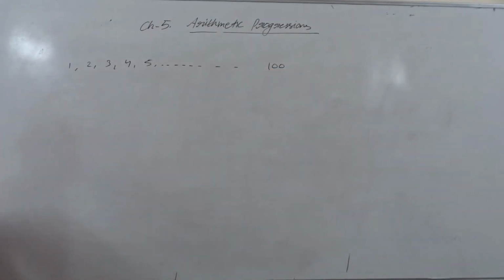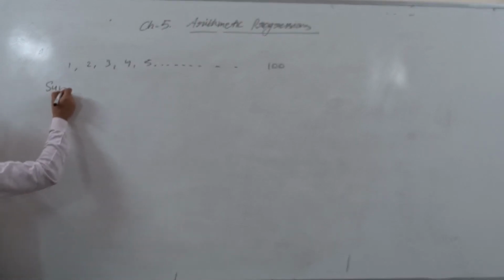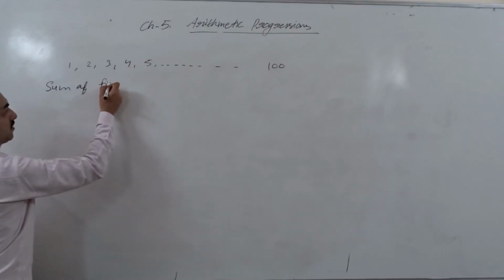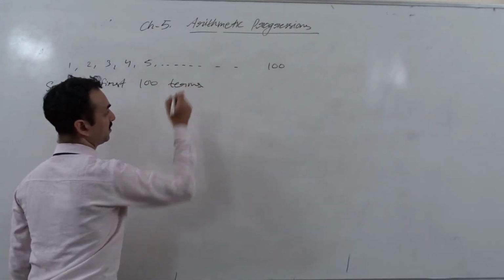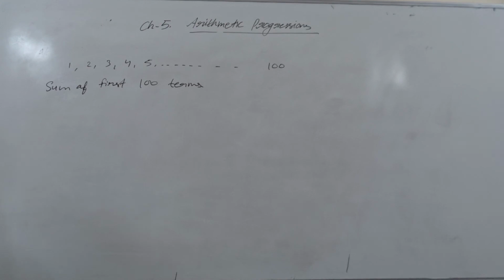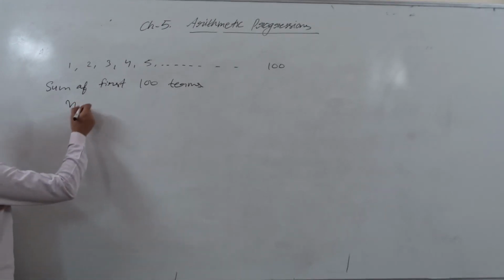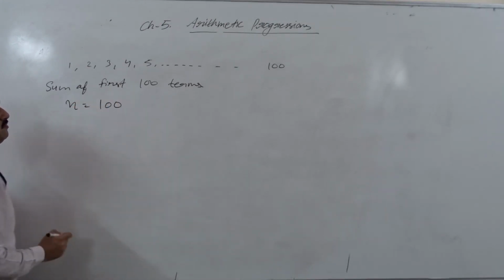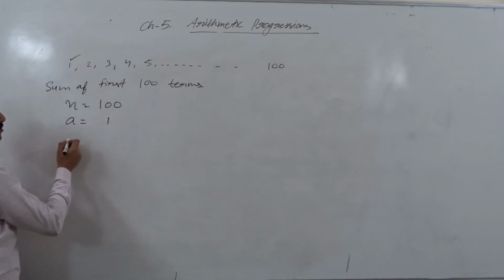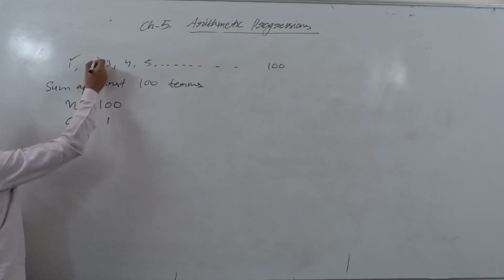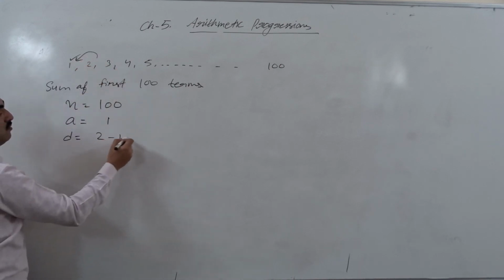You are going to find the sum of the first 100 terms. So what is n here? 100. What is a here? Yes, correct, 1. What is d here? Yes, 2 minus 1, 1.